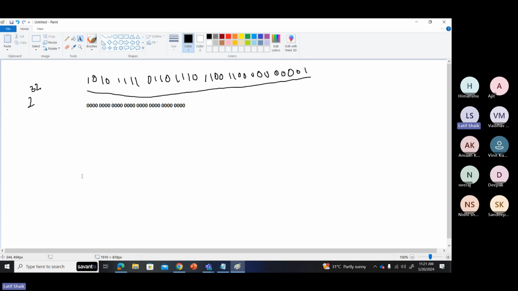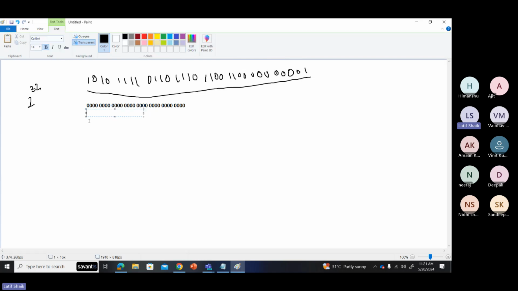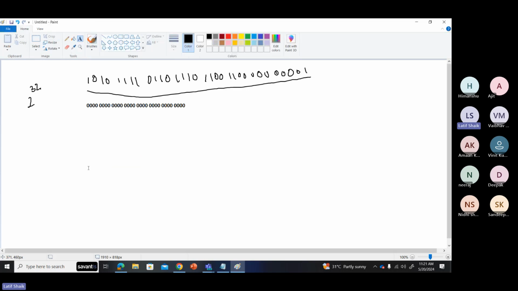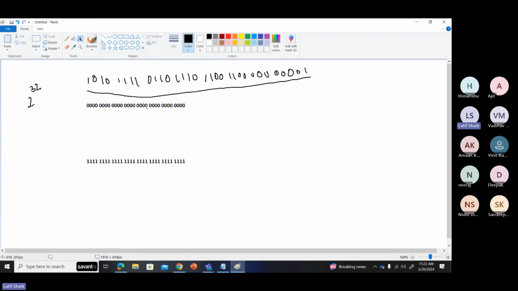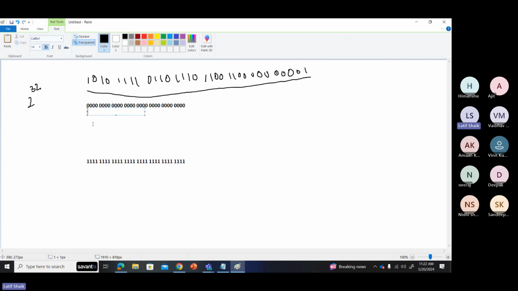The binary number goes up to the last one; I don't want to write it all. This is the last address of IPv4. This is the starting, this is the last. How many combinations are there?